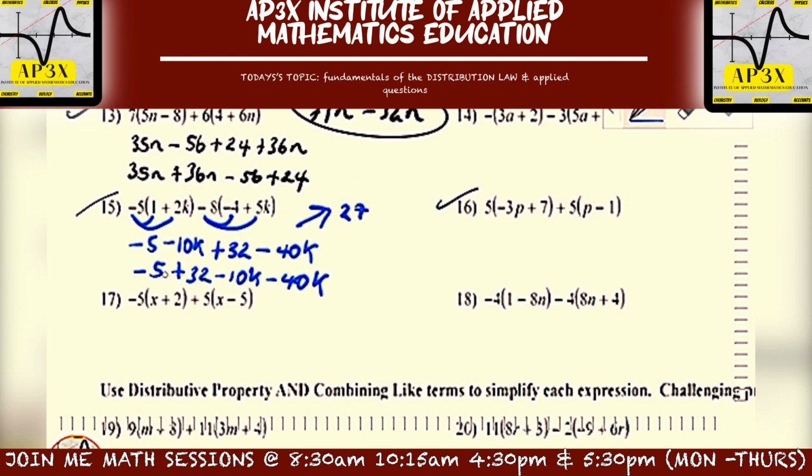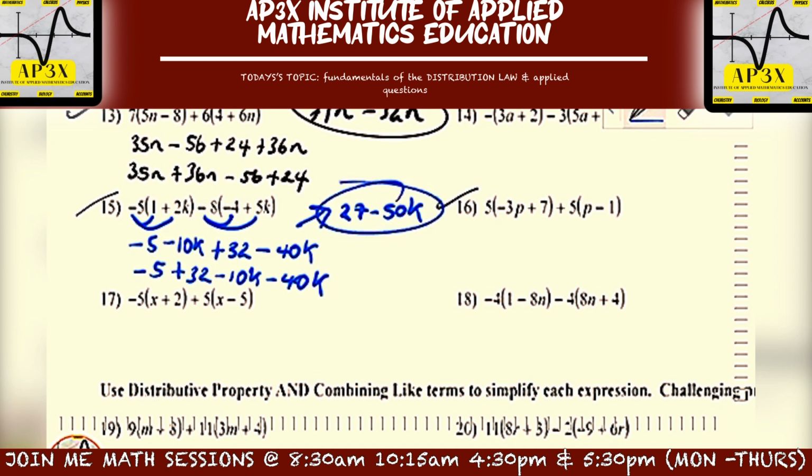Remember that this is not positive 5, so for my students who are thinking that this is minus 37, that's where you're going wrong. Minus 5 means you owe, 32 means you have. Pay what you owe and you're still going to have 27. And then of course you owe 10k. Let's think about money. You owe 10,000 and you owe another 40,000, so now you end up owing 50,000. So now the answer becomes 27 minus 50k. That is our simplified expression.